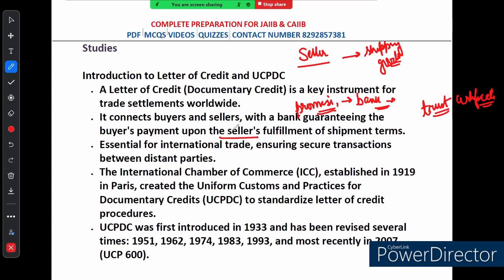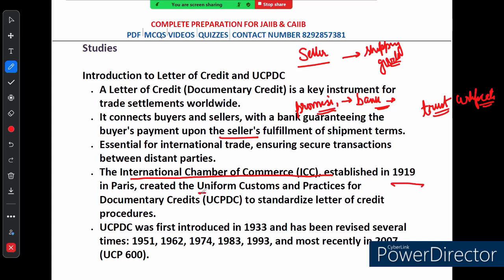But the question is, how do we ensure that everyone is on the same page with this letter of credit? That's where the International Chamber of Commerce comes into the picture. That is called ICC. They are based in Paris and have been around since 1919, working to make global trade smoother and safer.